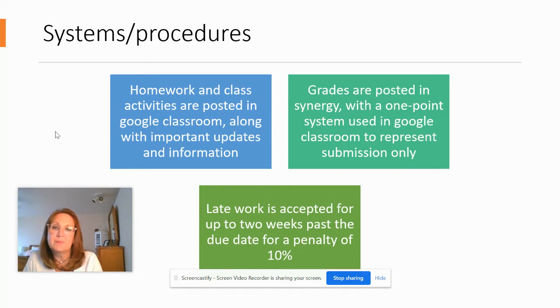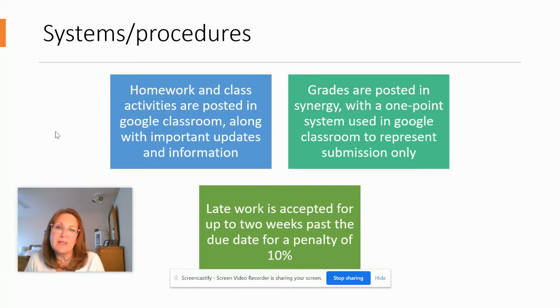So they need to make sure that if they see something come into the stream from Google Classroom from me, they read it. Grades are posted in Synergy, but I use a 1-point system in Google Classroom that represents that your student did submit that assignment. If I don't do it that way, I'm entering grades in Google Classroom and then again in Synergy. So Google Classroom represents a submission grade.